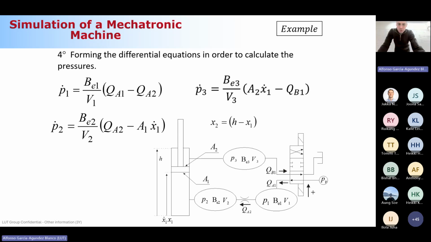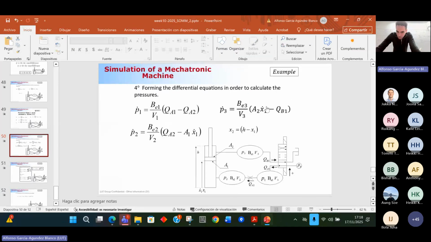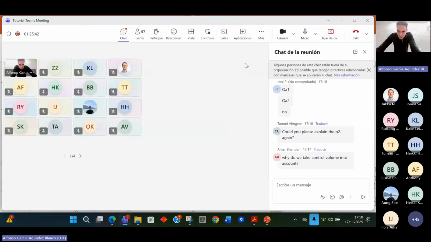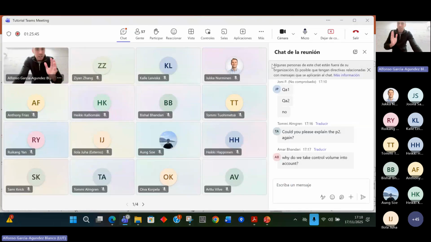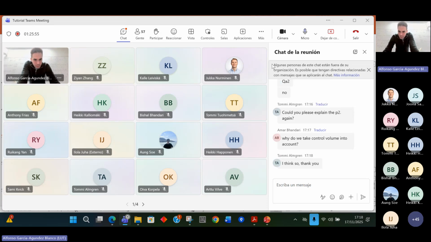I don't know if you referred to other thing, but basically that is why we are considering the control volume. So did I reply? Let's go step by step. Tommy, did you understand the computation of the P2? Based on the incoming, outcoming flow rates. Okay, if you have any question, just ask me.